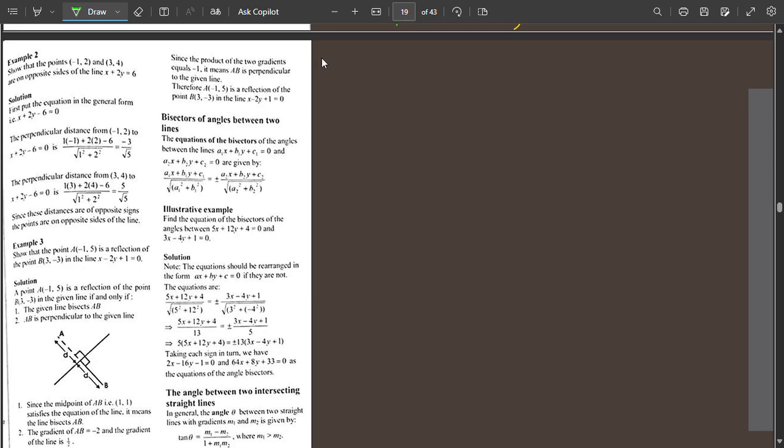So in case A, we'll have the distance from the first point to the line. Let me do d1. D1 is equal to ax plus by plus c all over the square root of a squared plus b squared. What's a?